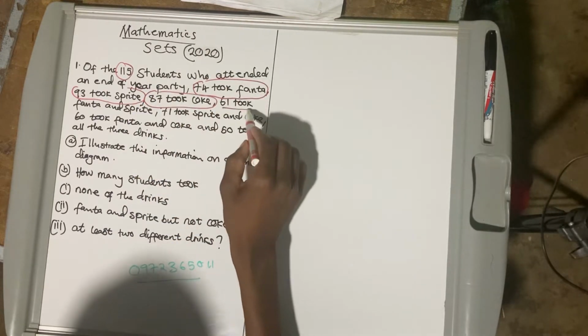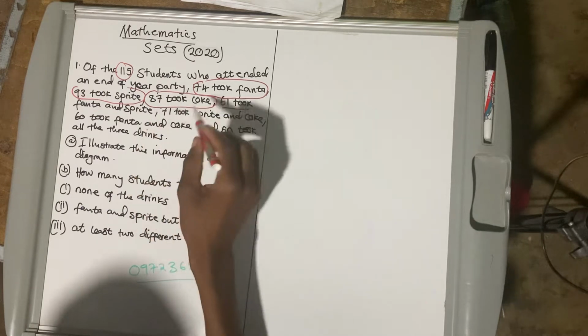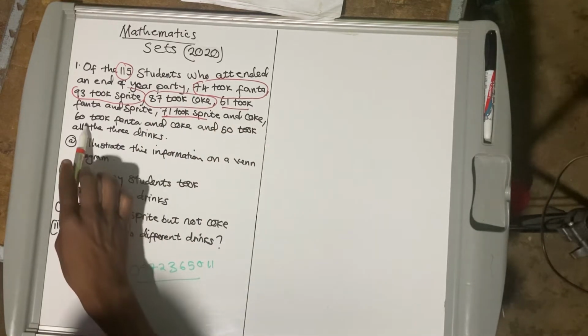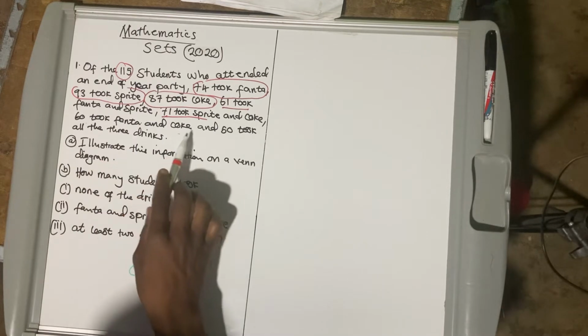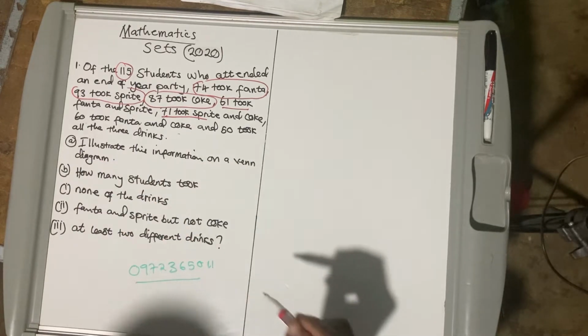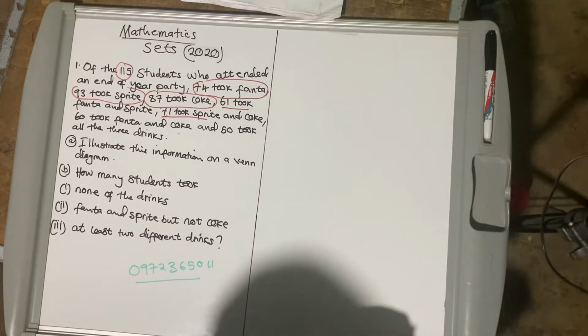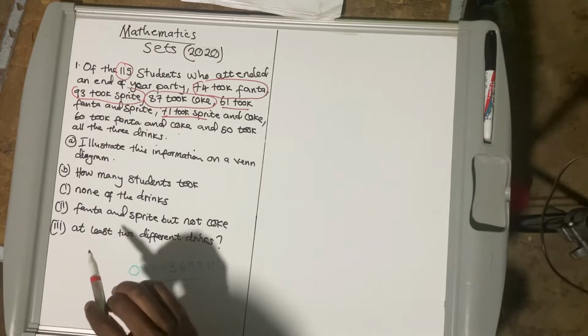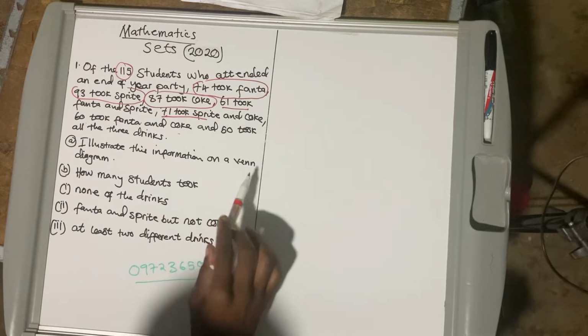Then we have 61 who took Fanta and Sprite, 71 who took Sprite and Coke, 60 took Fanta and Coke, and 50 took all the three drinks. And then the first question is, illustrate this information on the Venn diagram.